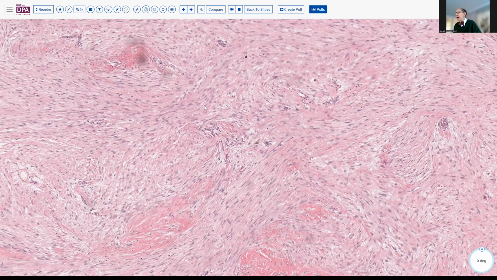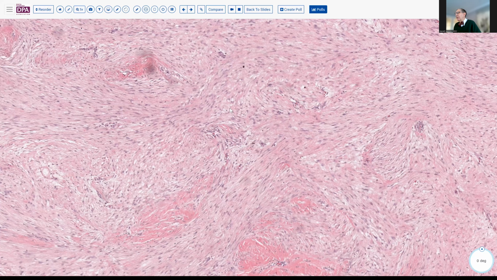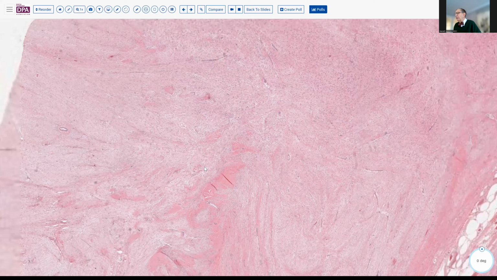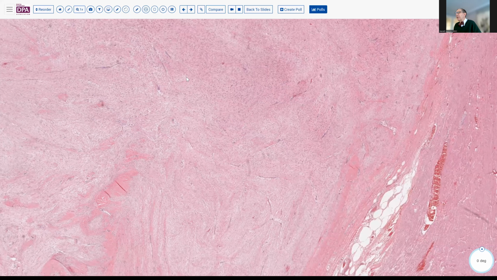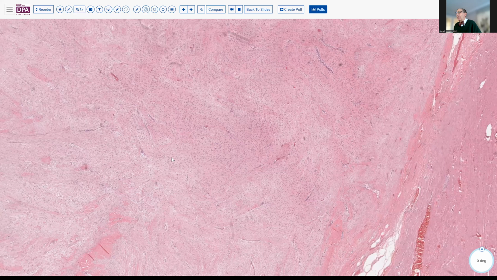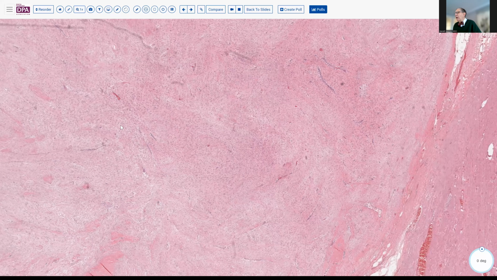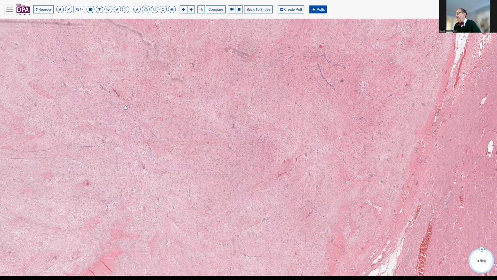This patient did not have any of the syndromes that are associated with fibromatosis, did not have familial polyposis or other APC gene anomalies. So this appeared to be a de novo lesion. Now, the important thing about this diagnosis and getting it right is that you're not always going to have a resection specimen like this.